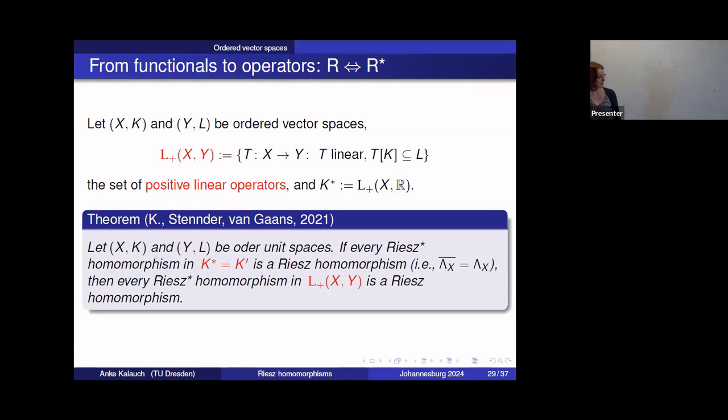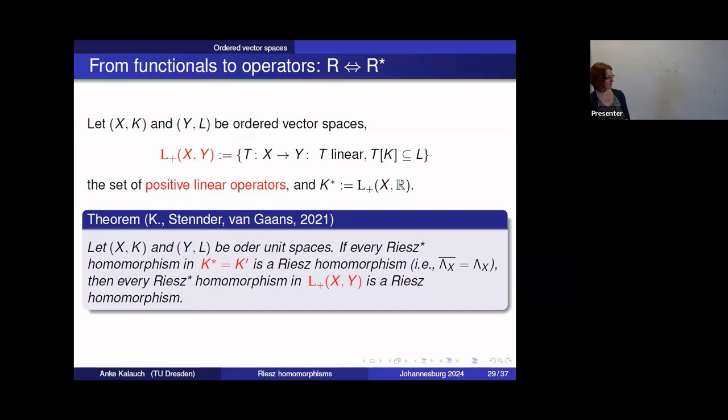So, and some time ago, we observed it is totally enough that we consider the dual cone: if there every Riesz star homomorphism is a Riesz homomorphism, so that means that lambda equals lambda bar, then we get the same for operators. So we need not investigate this.